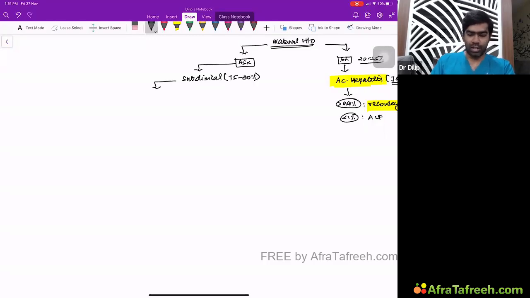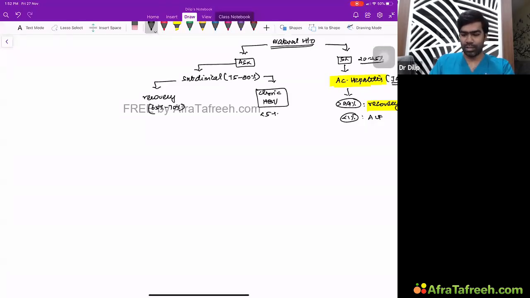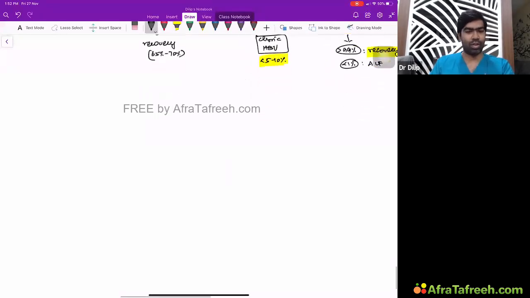And out of that, many will recover. 65 to 70% will recover completely. And there are few patients who go on to chronic HBV. The amount of chronic HBV is less than 5 to 10%. It's not more at all. Only very few, less than 5 to 10% overall, will go on to chronic HBV.